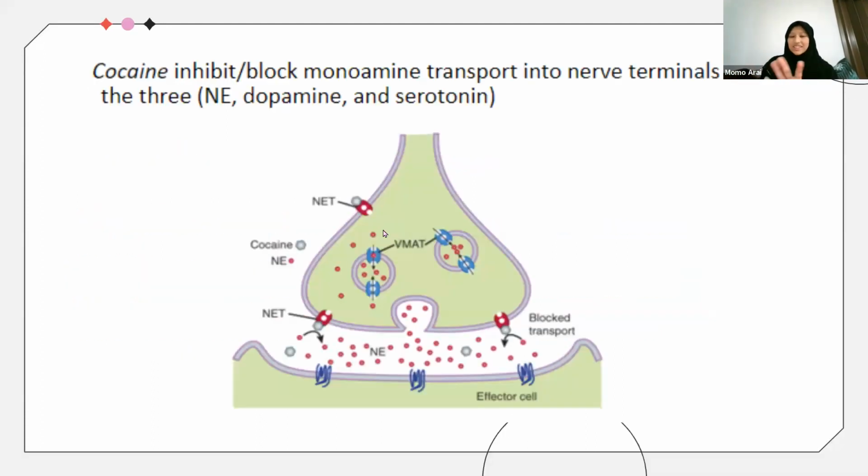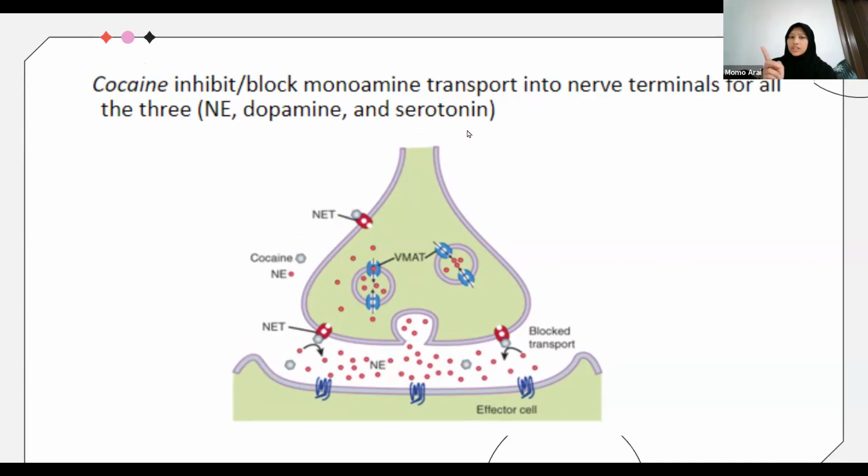I don't know why this is not clear, but this is from the lecture. I think Dr. Manal gave it to you. But basically, you can see here, cocaine inhibits or blocks the transport back, the recycling of the neurotransmitters, and it does so for all three: norepinephrine, dopamine, and serotonin. Now this question was mainly for norepinephrine.